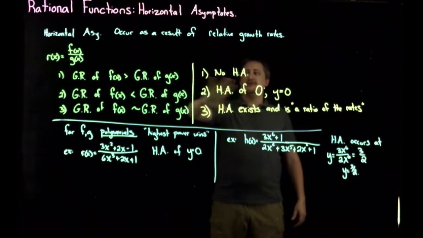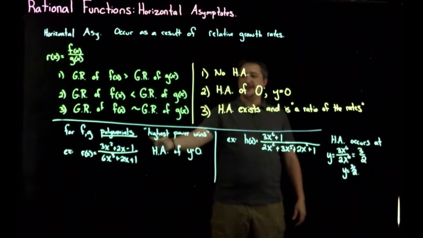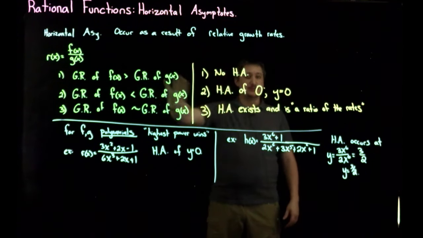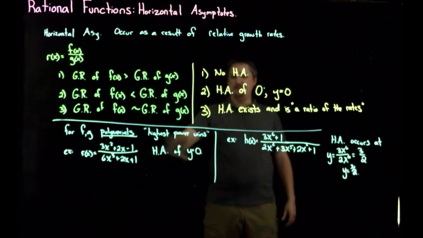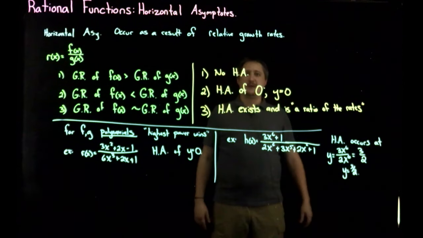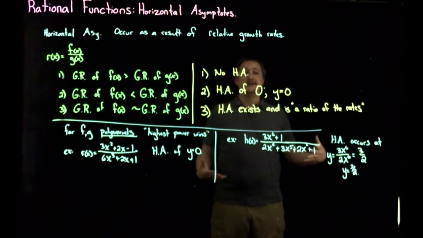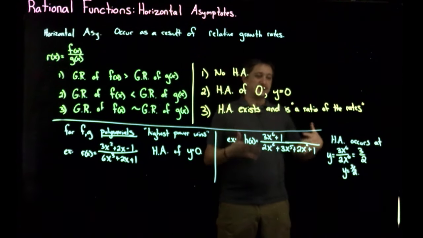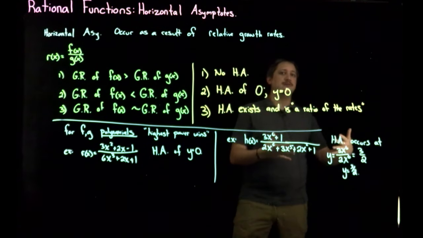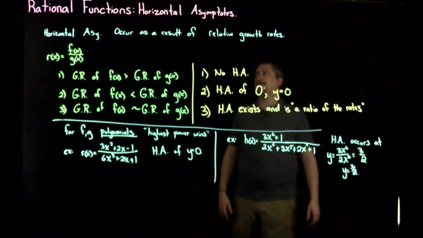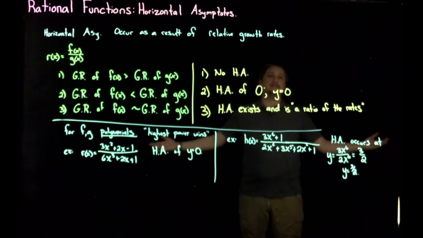So it's better to remember this and then remember that the highest power wins and fit into this rubric, rather than just skipping to looking at just powers and knowing things about polynomials, because that is very deliberately not helpful in Calc 1, where you're going to do this a lot. Okay? So that is that.